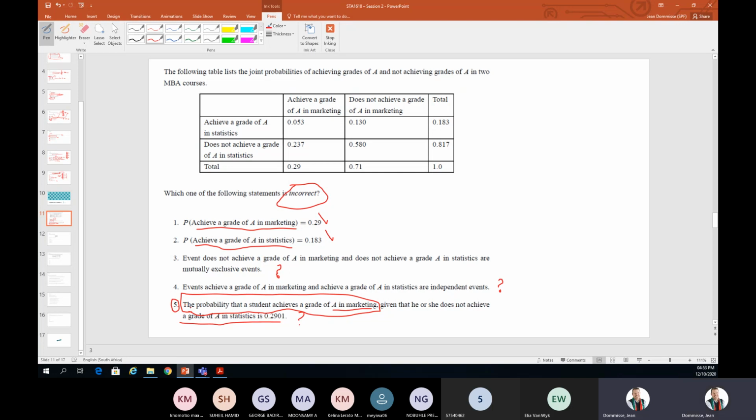Okay, so the probability that a student achieves a grade of A in marketing, so I just want to block that off. Given that he or she does not achieve a grade of A in statistics. Does not achieve. Okay, so I want to block that off.